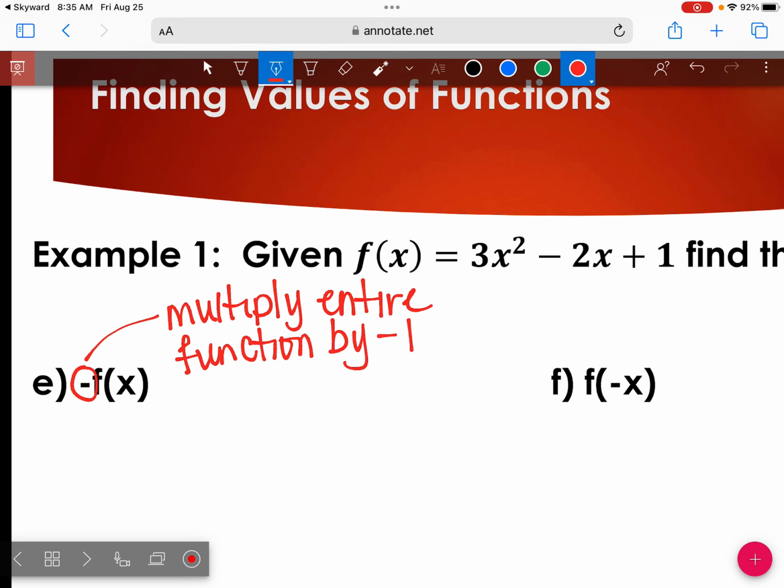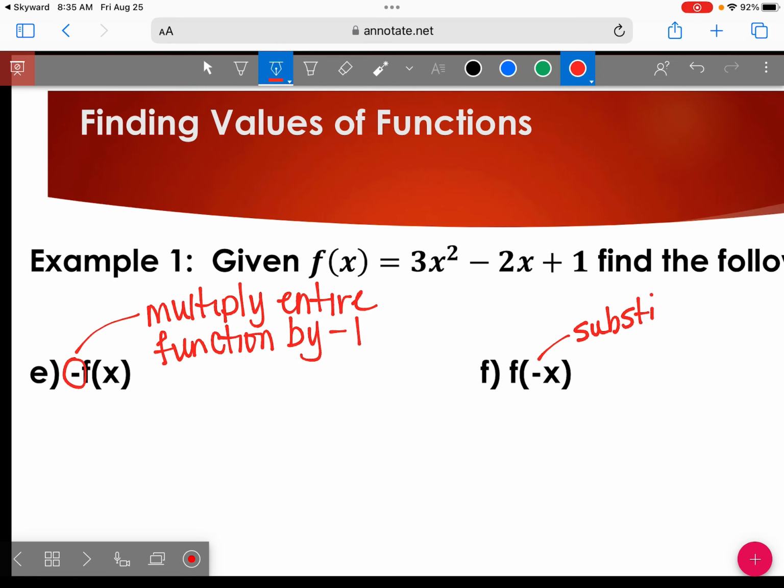So you're not doing a substitution. You're flipping the signs. But for the second one, we're actually substituting in a negative x. So that negative is different. Putting a negative in front versus putting a negative inside of the parentheses.